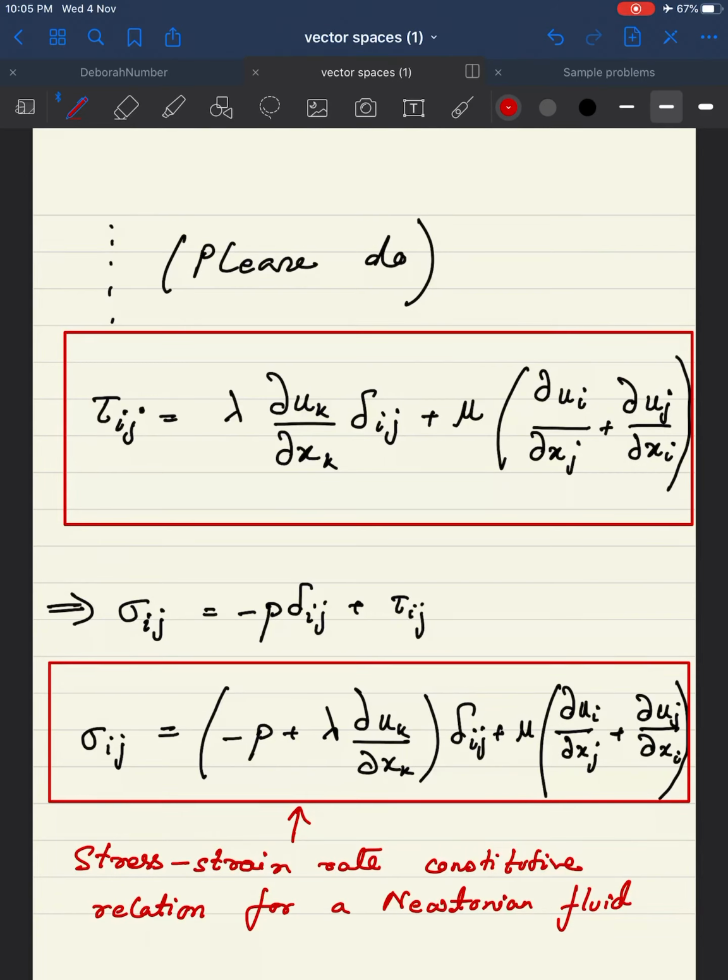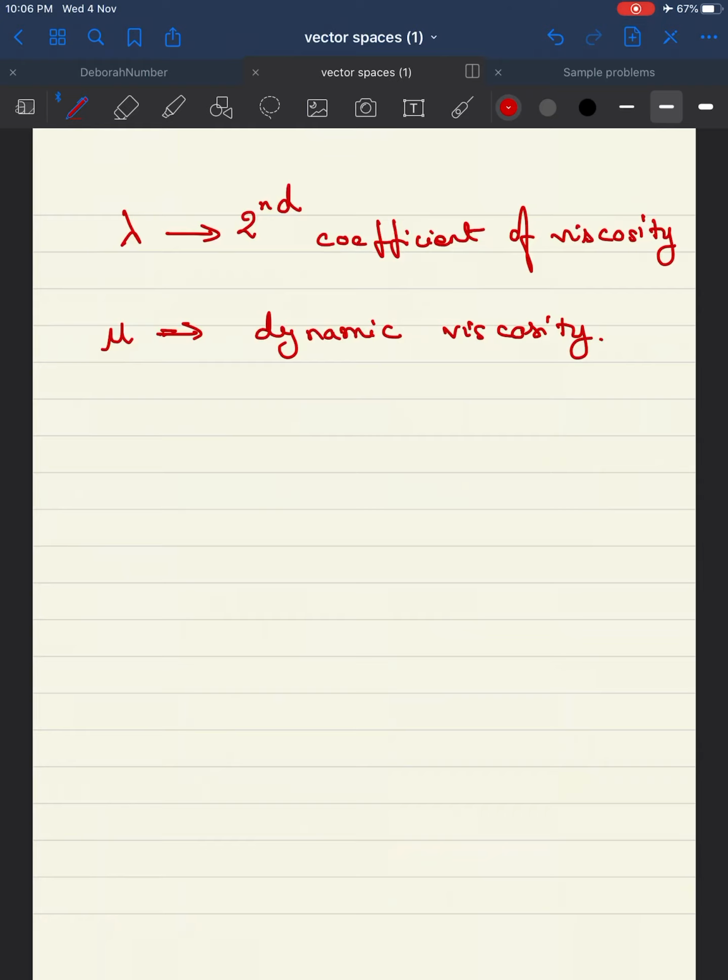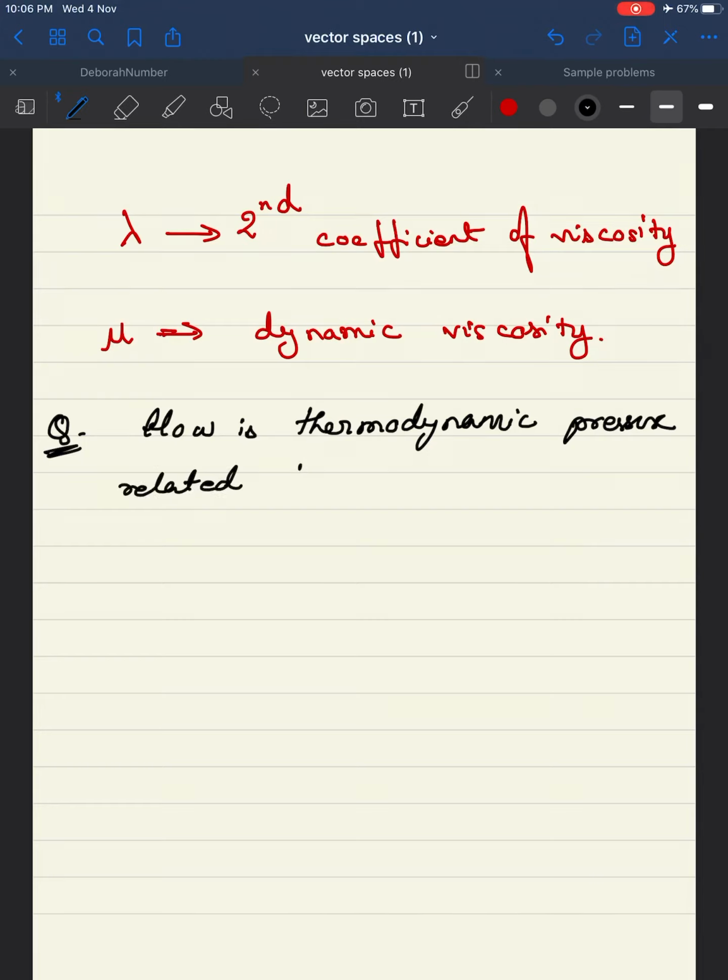Okay. Now, there is an important relationship that we need to find out, and that is we need to figure out how the thermodynamic stress is related to the normal stresses. Okay. So the question we are going to ask is, how is thermodynamic pressure related to the normal stresses?